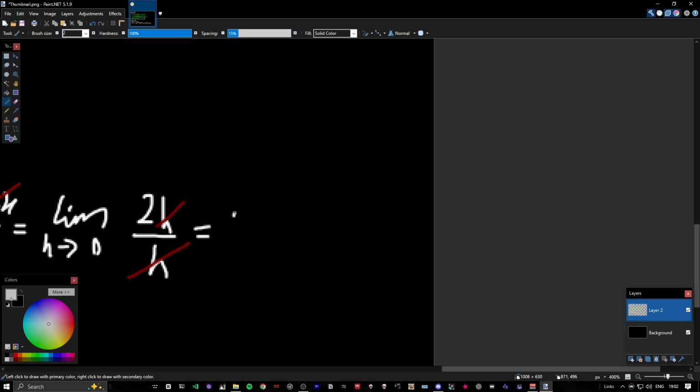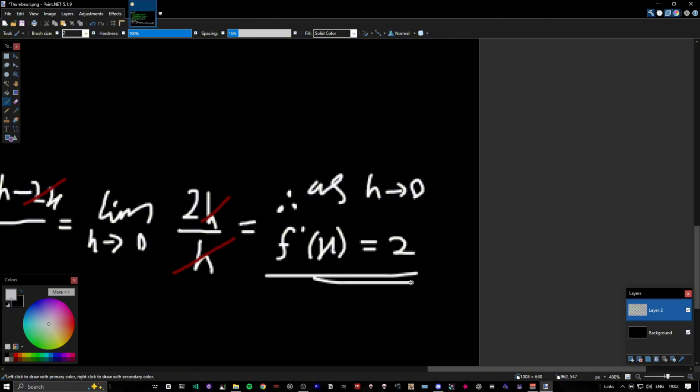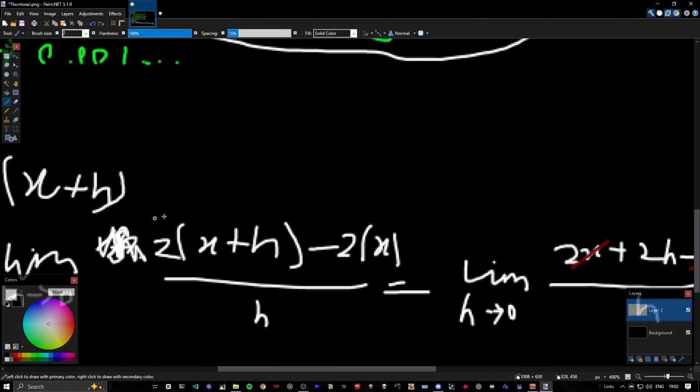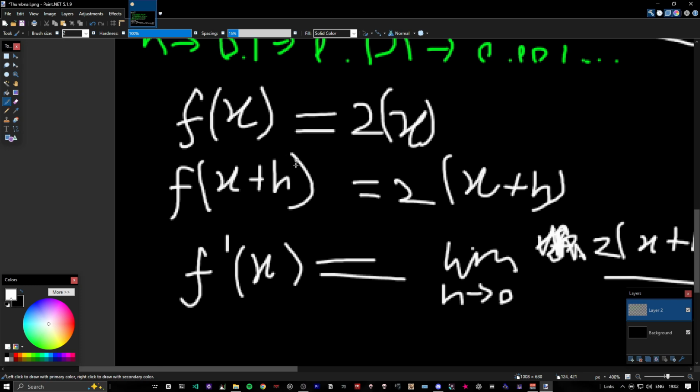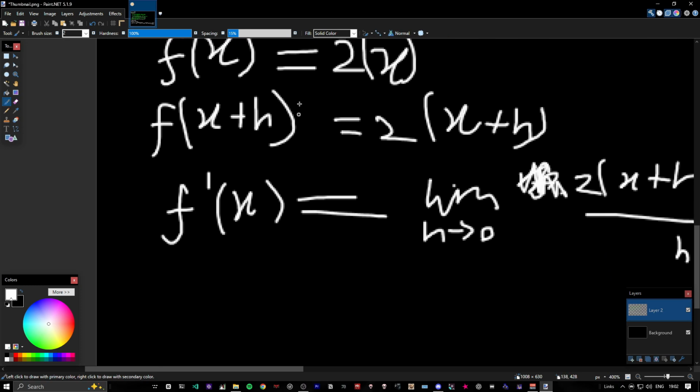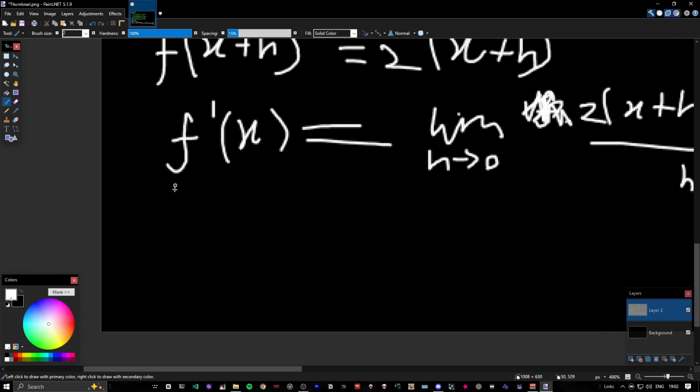So the final answer, therefore, as h tends to 0, f dash of x equals 2. So that's proving by first principles that the differential of the function 2x is 2.